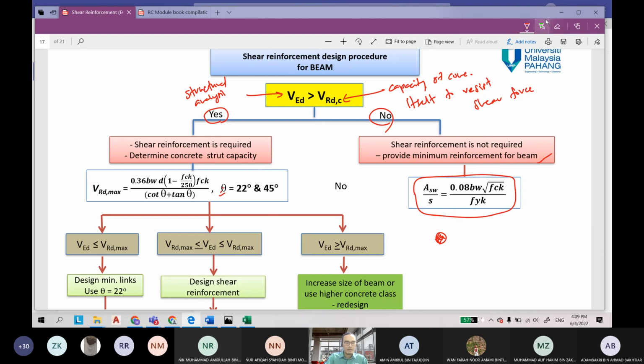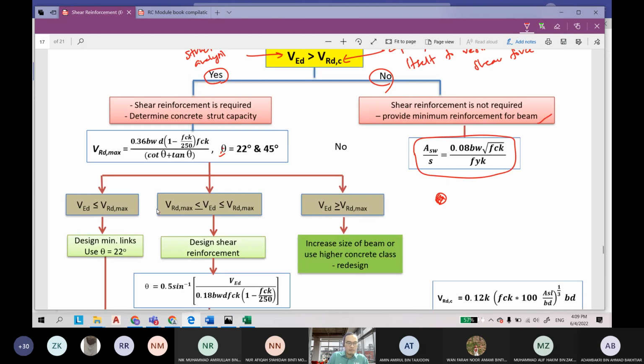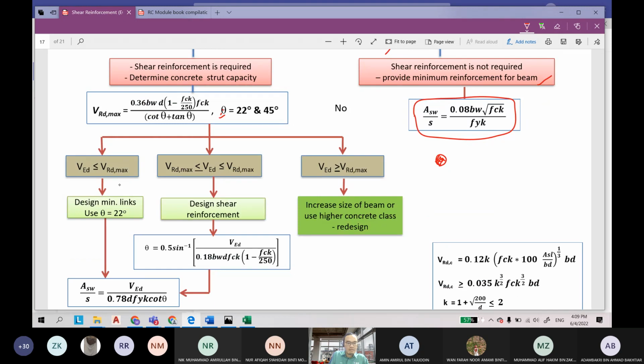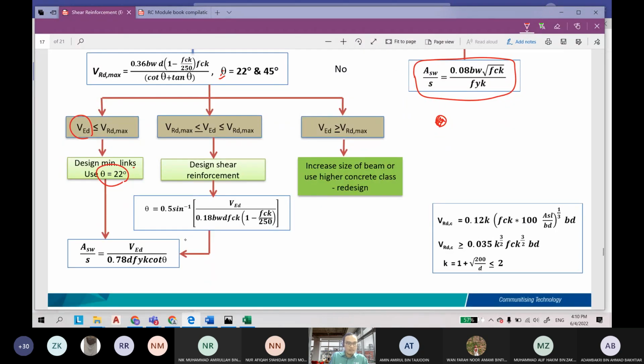If the capacity for theta equal to 22 degree is greater than the VED, we design the minimum links and use theta as 22 degree, and then we can use these equations to determine the steel reinforcement of shear.